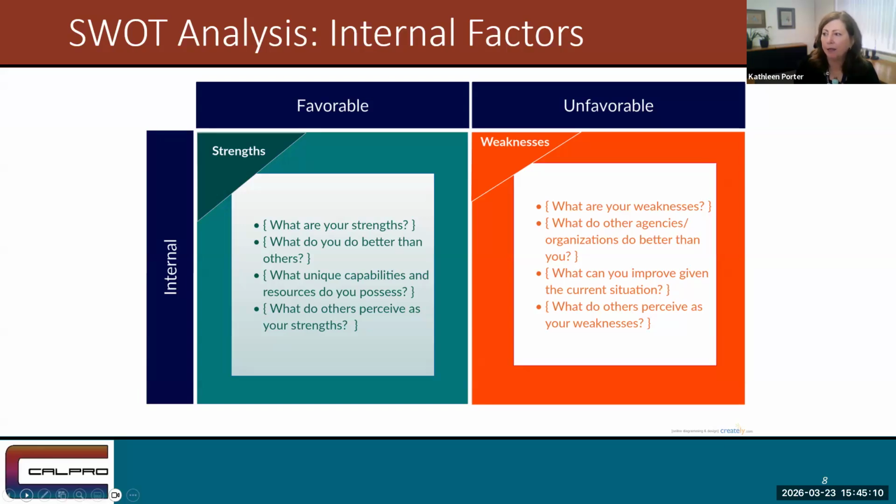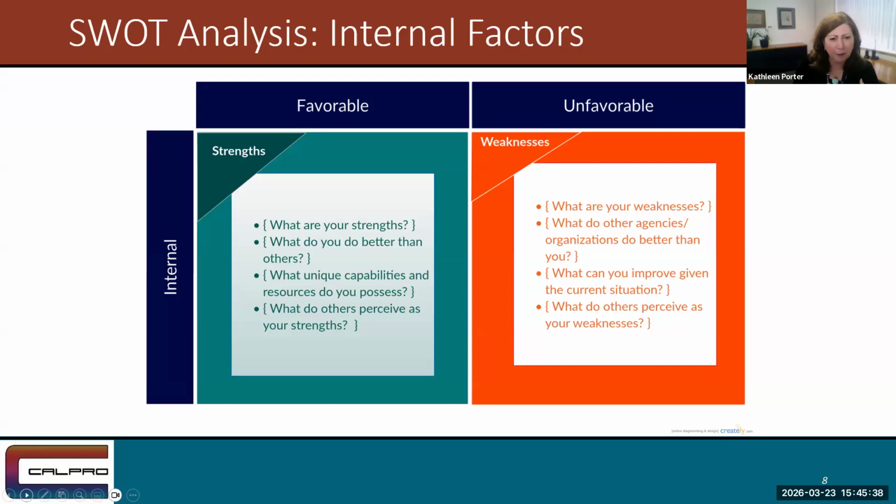If we're thinking about our internal factors, some questions that might guide this for favorable are: what are your strengths? What are things that you do better than others? What are some of the unique capabilities and resources that you possess? And what might others perceive as your strengths?